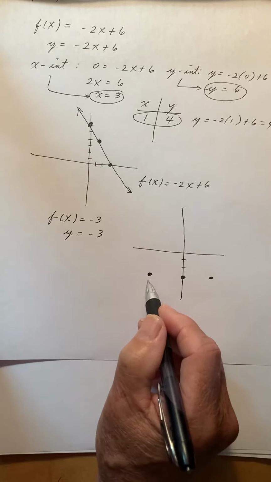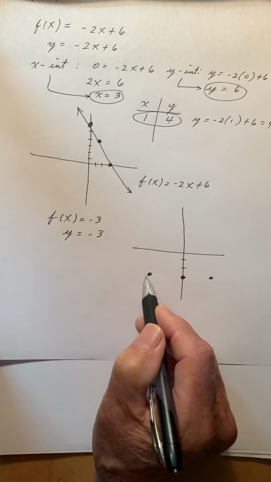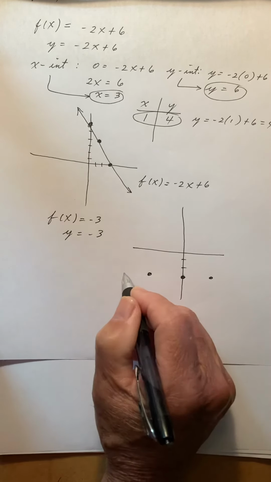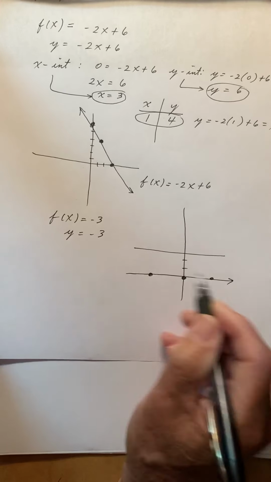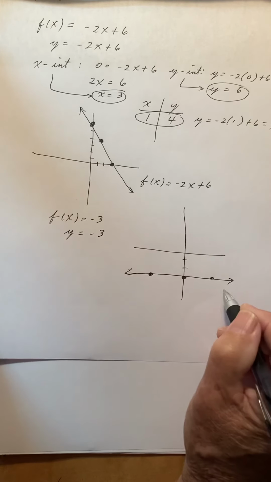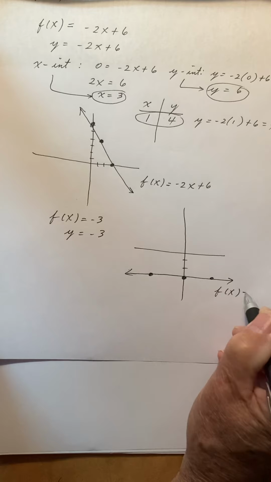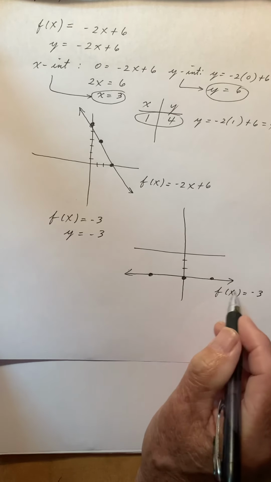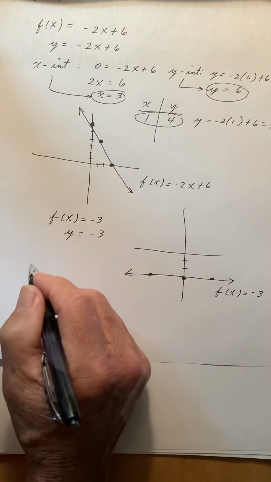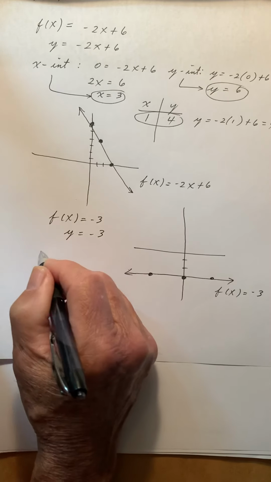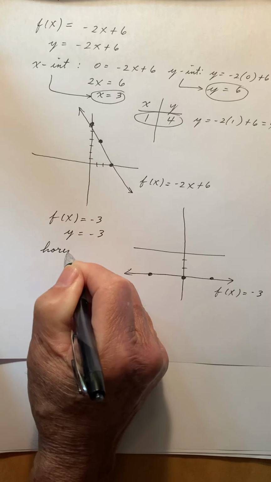Every one of them, the value of y is negative 3. So we can connect those points, and that becomes our graph. So f of x equals negative 3. We label it. So what that means is that this is a horizontal line.